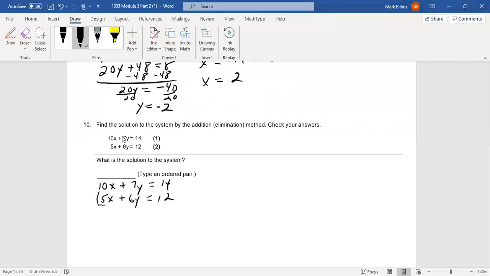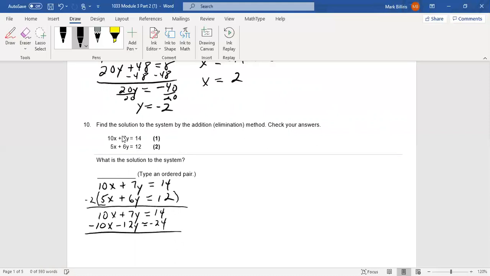But I don't just multiply that term, I multiply the entire equation. So I'm going to rewrite the first equation, 10x plus 7y equals 14. And now I'm going to multiply that whole second equation by -2. And that gives me -10x minus 12y equals -24.